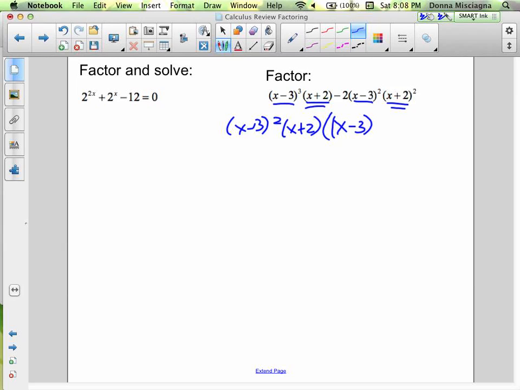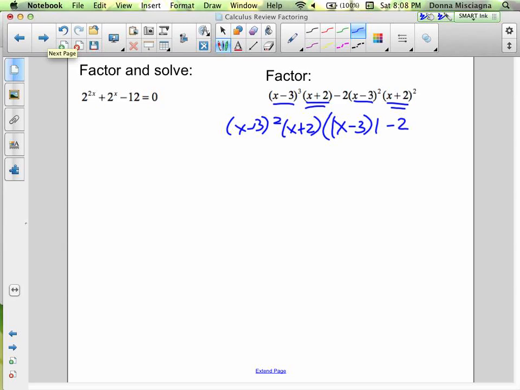x plus 1 divided by x plus 1 is 1. We know we don't need it, but I'll put it in just to make sure you understand that. And then here, x minus 3 squared divided by 2 times x minus 3 squared is just going to leave the negative 2, just the coefficient there because all the x minus 3's have been factored out.